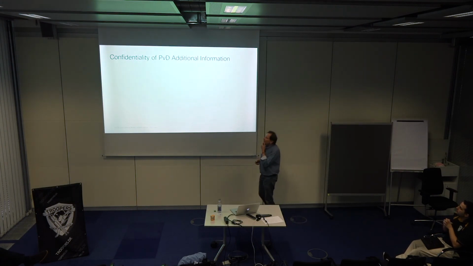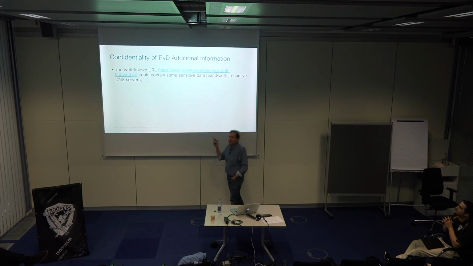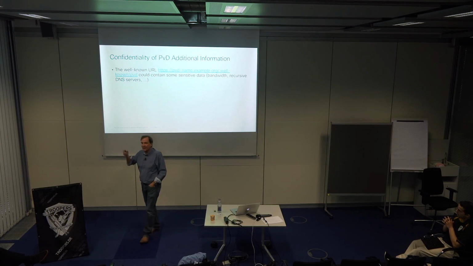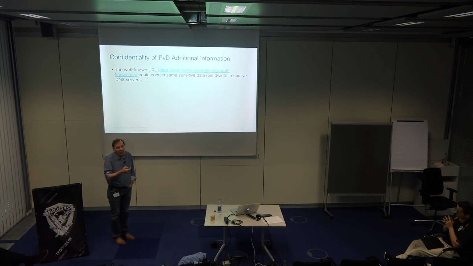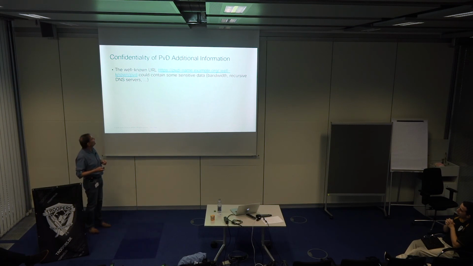So confidentiality of the JSON file, because basically we know how to build the address. We're always using .well-known/pvd. It's a well-known URL. The only thing that's changing is the pvdname.example.org, but you can guess them, right? Most probably cisco.com, you know, ERNW.de and troopers.de and this kind of stuff.